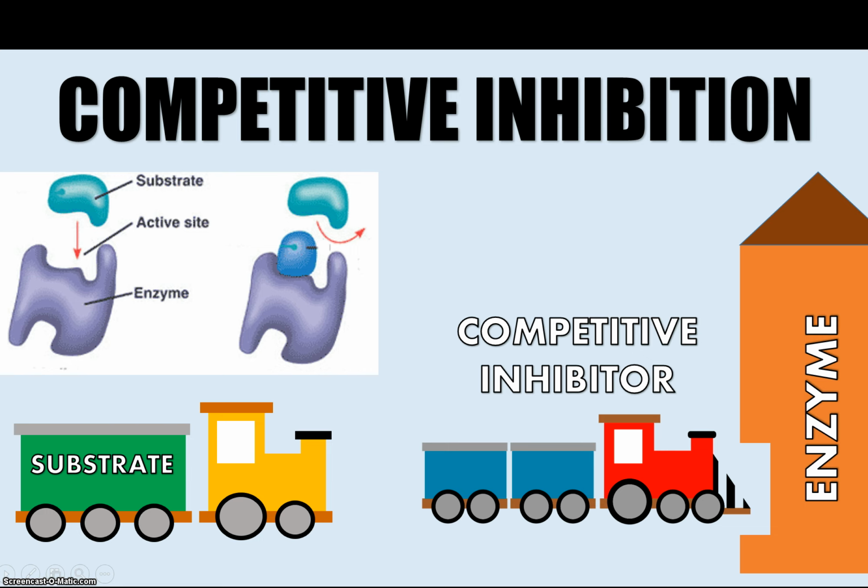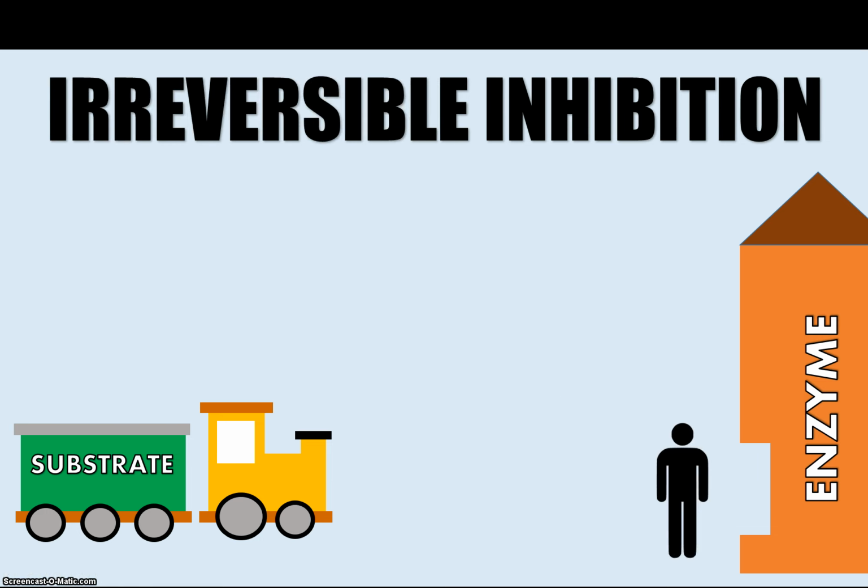What I was going to say is that this is different than irreversible inhibition, which means that you now, as you're going to see, change the shape of the enzyme. So this person here filled in with cement the entryway to the train station or enzyme, so the substrate now cannot get in. This is important because this kind cannot be reversed. You can't simply go back and remove this concrete, per se, and the substrate gets used.